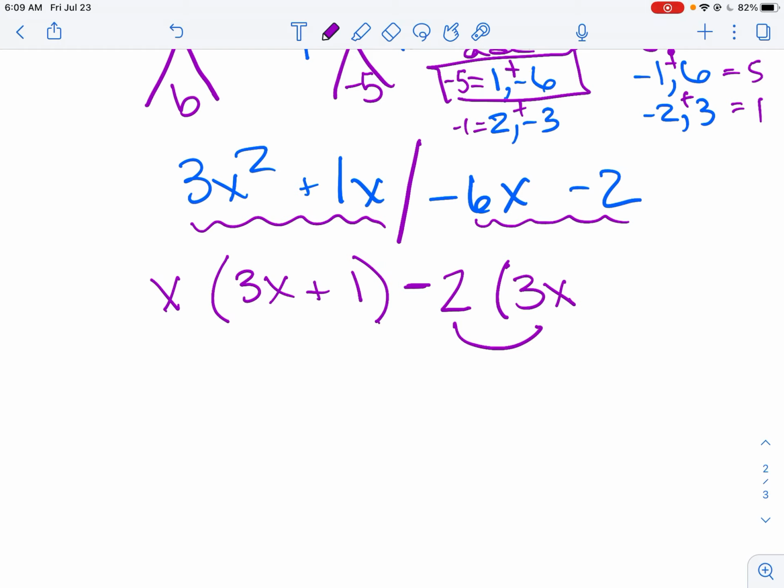Because remember, when you multiply that back through, it has to come out to a -6. So -2 times 3x would get us that -6x. Then -2 divided by -2 is 1. So multiply this. Would I end up with the -2? I would. So beautiful. Okay, now I'm going to get rid of this part right here.